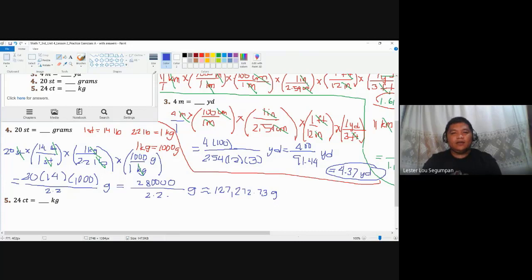So this is the number of grams for 20 stones.